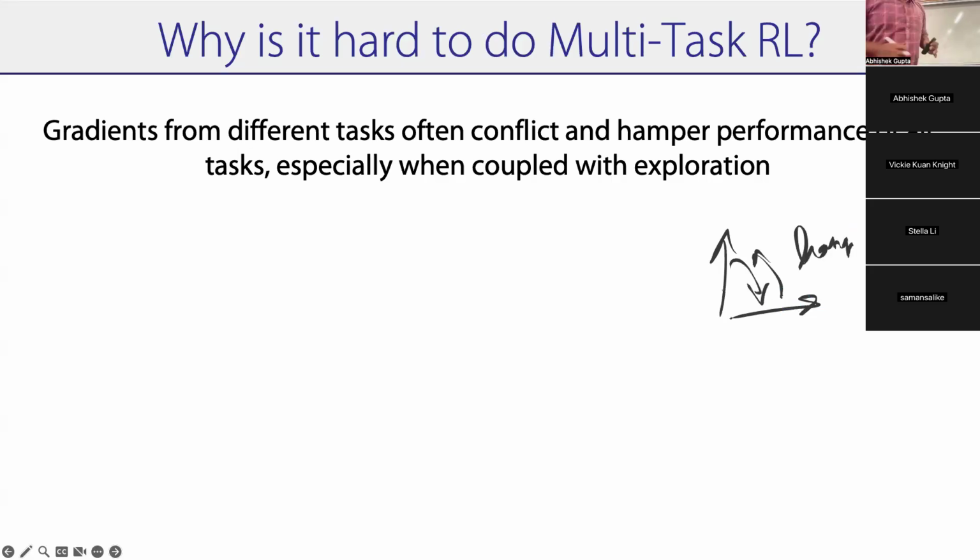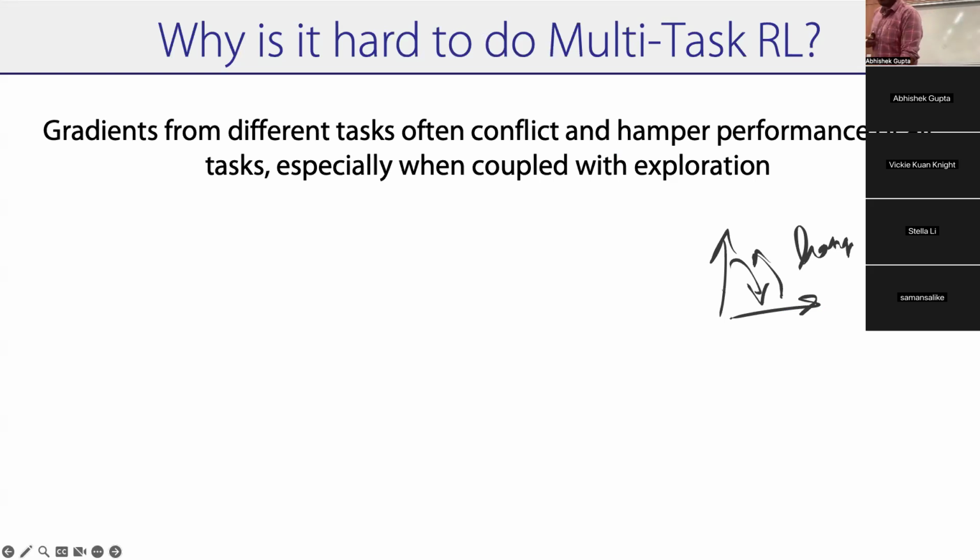In single task RL, this is not the case, or it's kind of the case between different states, but it's much less of a problem. In multitask RL, often you'll see one task improve at the expense of another task. So you start to have negative interference between problems that are different.